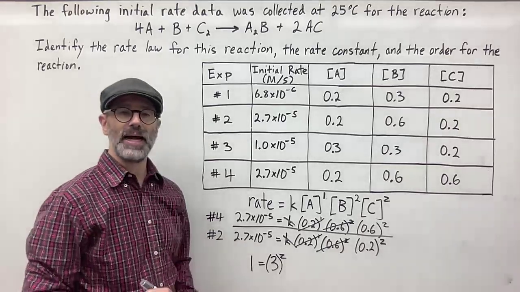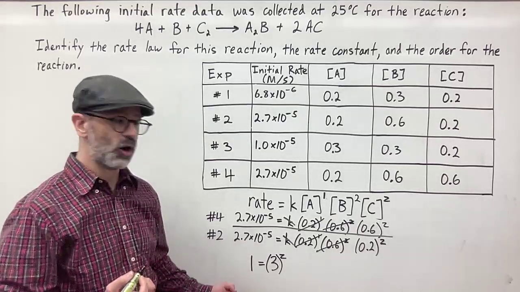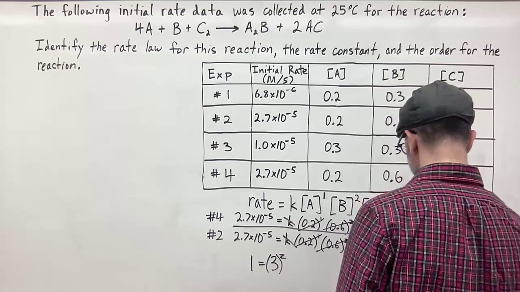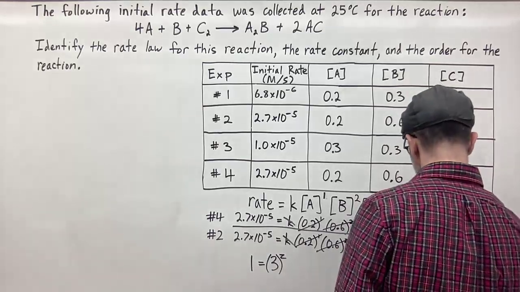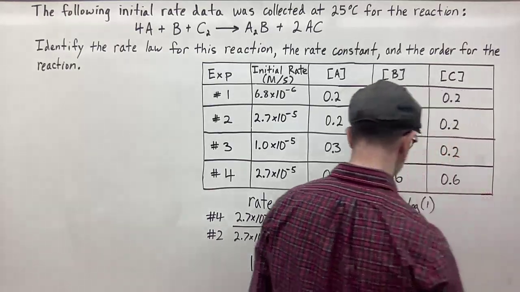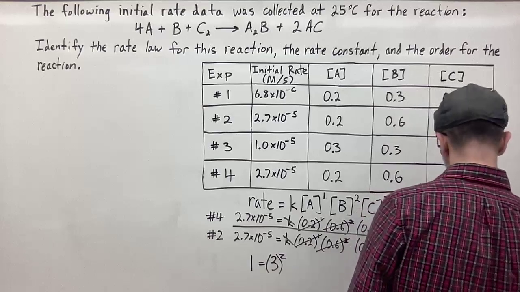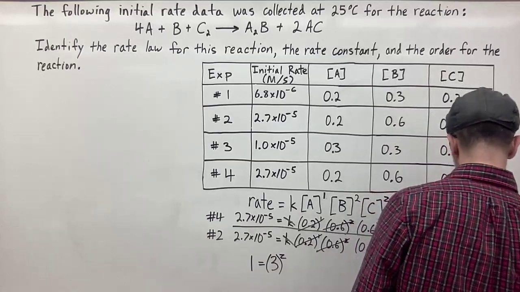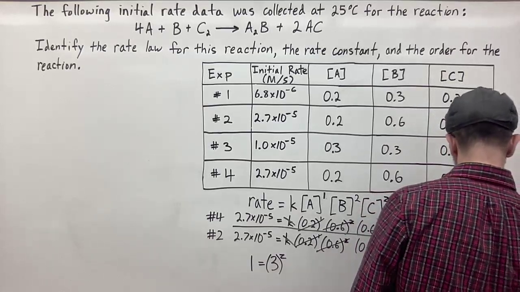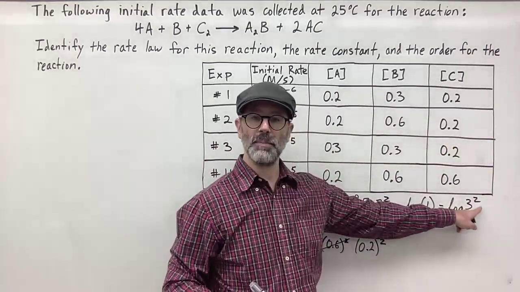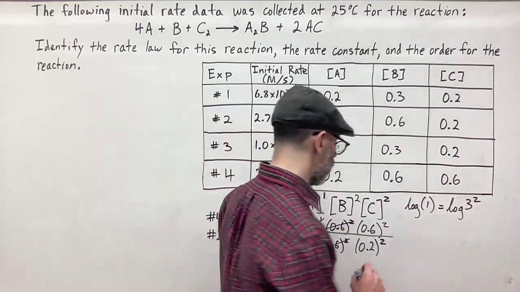And once again, I can use logs to solve for Z. So log of 1 is equal to the log of 3 to the Z power. Again, the Z power can come to the front of the log.